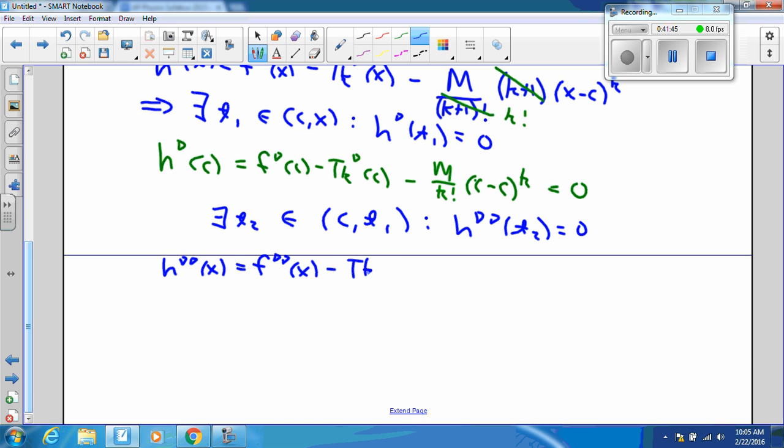That's f double prime of x minus Tk double prime of x minus m times, where I take the derivative and my factor of k comes down, canceling with a factor of k and leaving me with k minus 1 factorial.